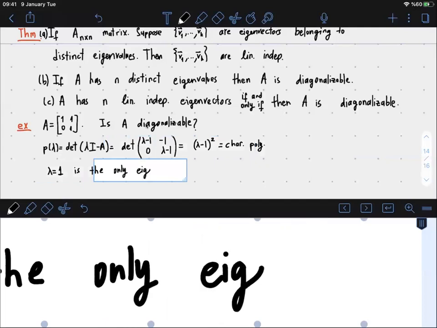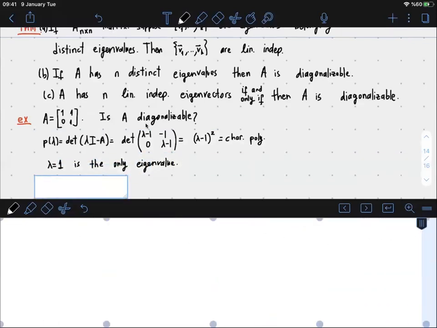If we could find another eigenvalue, then we would be sure that this matrix is diagonalizable. But right now we're not sure. This matrix can be diagonalizable or cannot be. Both possibilities are open right now. So which one is true? Is A diagonalizable or not?